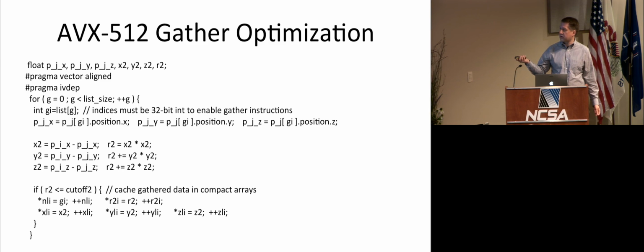It could generate gather instructions based on this. There is also a gather to shuffle optimization that it can do automatically but isn't beneficial. A little bit of math. And then we basically save all of the data that we've gathered and the data that we've generated in compact arrays so that when we actually go through the force calculation, we can do straight vector loads. So this was sort of one of the optimizations.